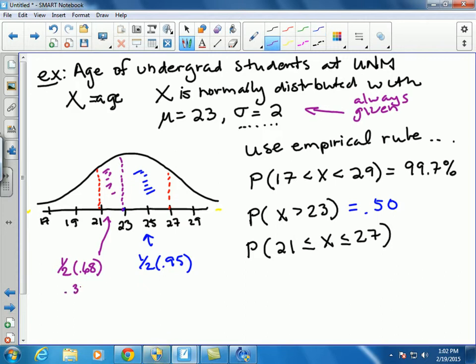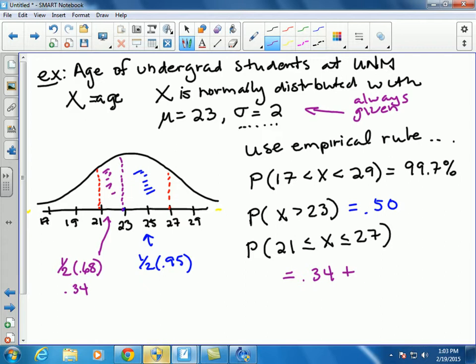is 0.34. So we know over here it's going to be 0.34 plus half of 95. And what's half of 95? I'm waiting on you. Get half of 95. You got it?